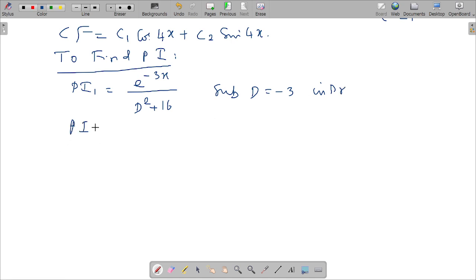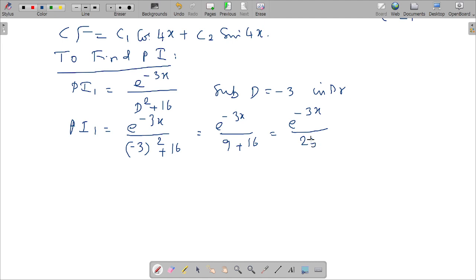Then particular integral 1 becomes e power minus 3x by, D equal to minus 3, minus 3 whole square plus 16. So e power minus 3x divided by 9 plus 16, that is equal to e power minus 3x divided by 25. Okay, that is particular integral 1.